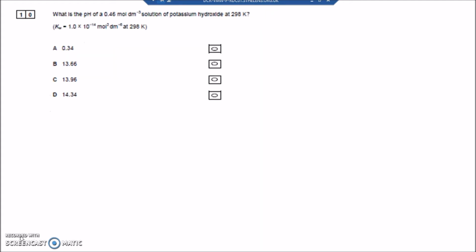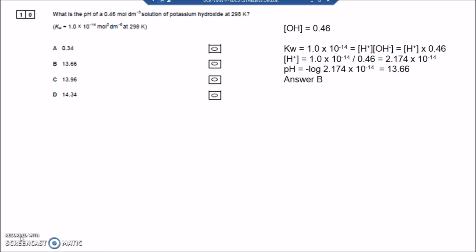Question 10. What is the pH of 0.46 solution of potassium hydroxide at 298 K? You've been given Kw. Kw equals the H plus concentration multiplied by the OH minus concentration. So 1 times 10 to the minus 14, Kw, equals H plus multiplied by OH minus concentration.